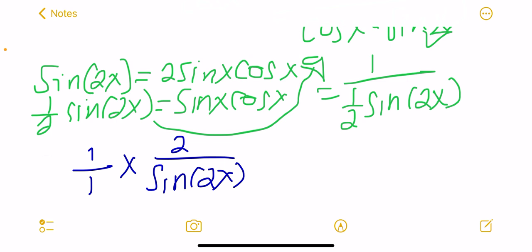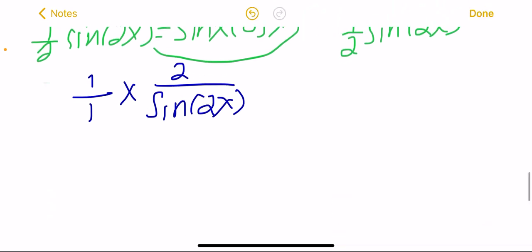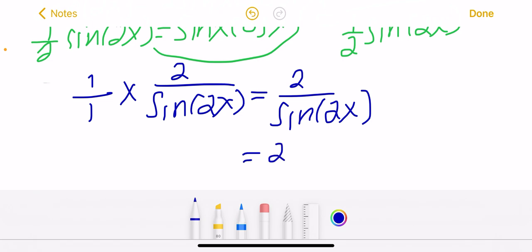This becomes 1 over 1 multiplied by 2 over sine 2x. Okay, this means we'll be left with 2 over sine 2x, and then we remove the 2, bring it to the side as it's the constant. This means we have 2 multiplied by 1 over sine 2x.